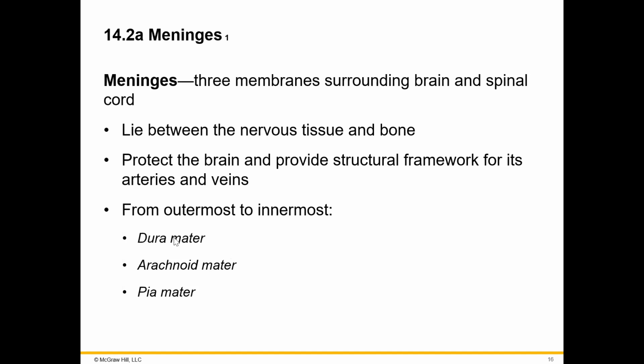The dura mater is a very tough, rigid, strong layer to protect the brain from trauma. The arachnoid mater is very important because right beneath your arachnoid mater is your cerebrospinal fluid, between the arachnoid mater and the pia mater, and that is going to secure.